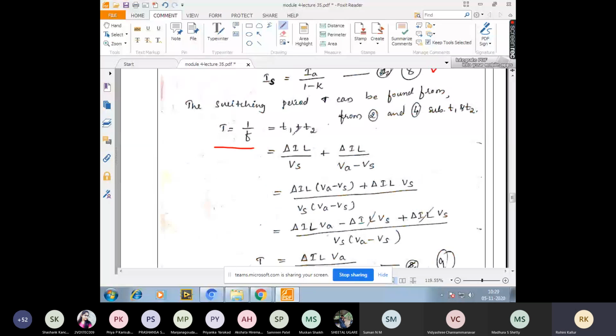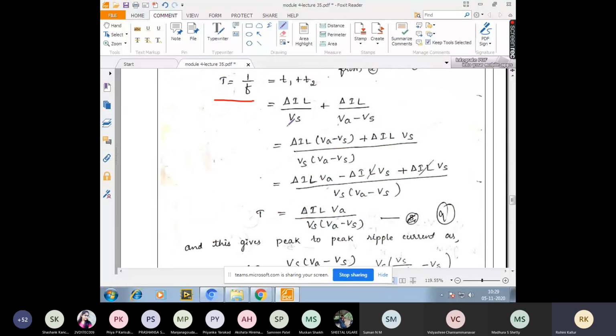You'll have delta IL divided by Vs plus delta IL divided by Va minus Vs. Now take the LCM, so it is Vs into Va minus Vs. Then cross multiplication, I have delta IL into Va minus Vs plus delta IL into Vs. So in the next step it is delta IL into Va minus delta IL into Vs plus delta IL into Vs, whole divided by Vs into Va minus Vs.